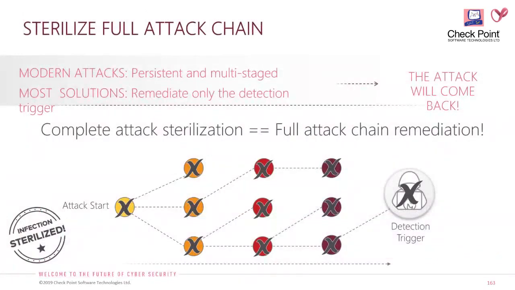Whatever we discussed, from the prevention stage, the protection stage, to the response stage, in all the stages Check Point has complete full attack chain remediation, as we explained here.